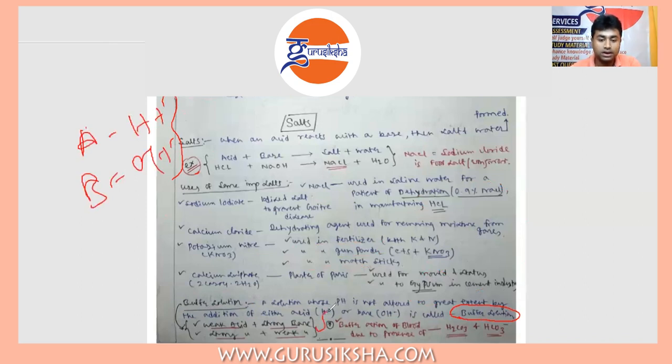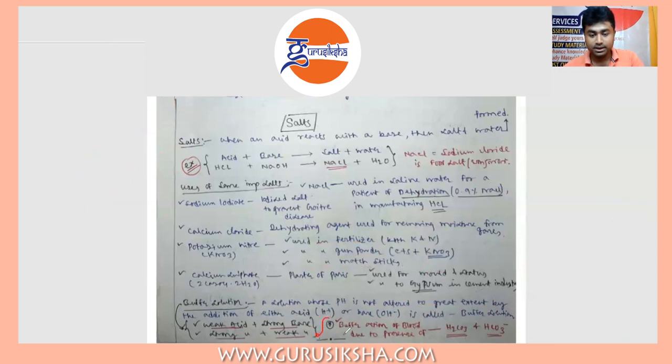Now, I want to give an example of a buffer solution at the end of my topic, that is the buffer action of blood due to the presence of H2CO3 and HCO3.